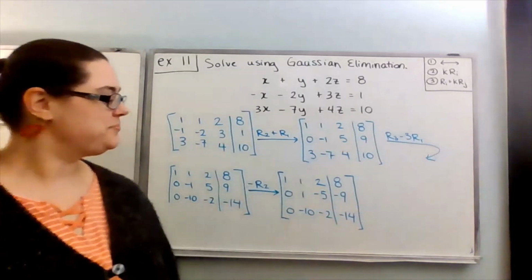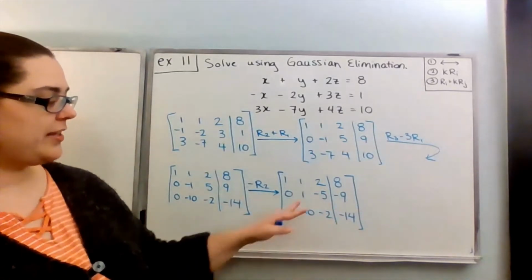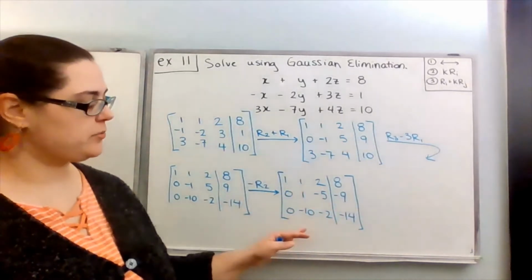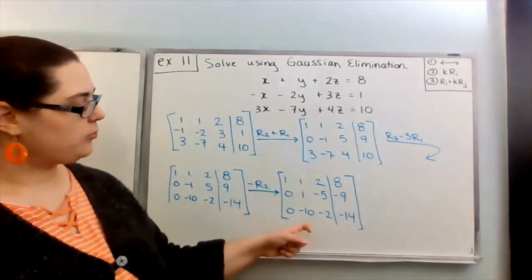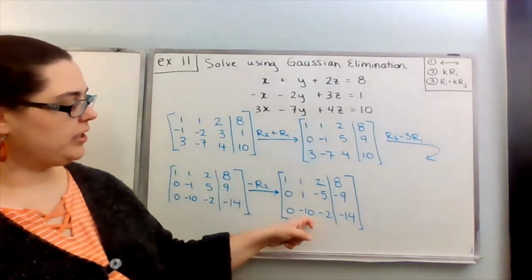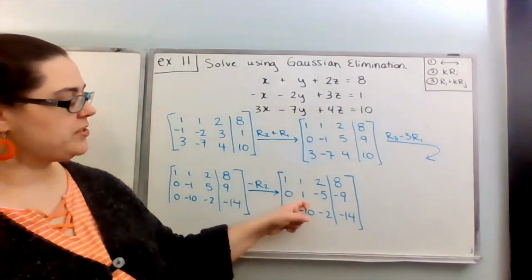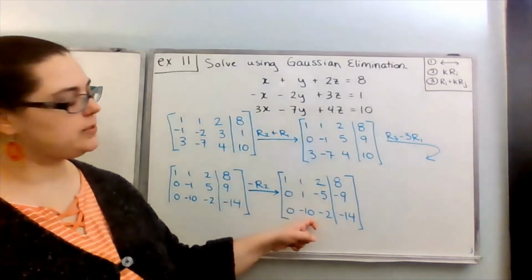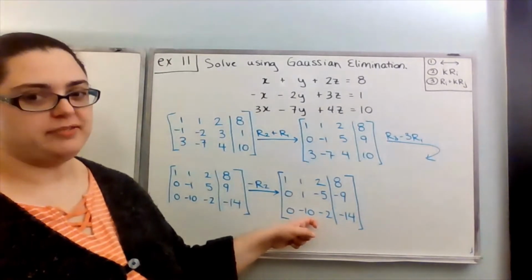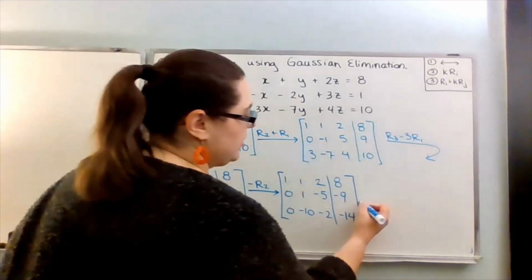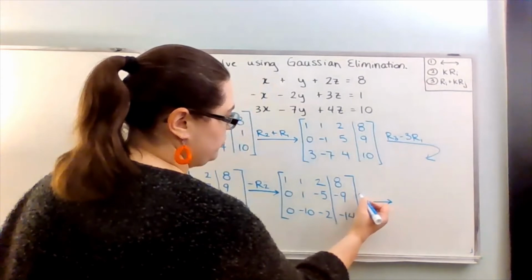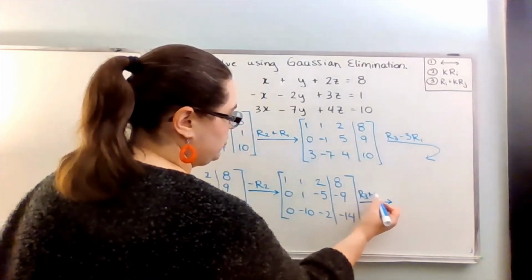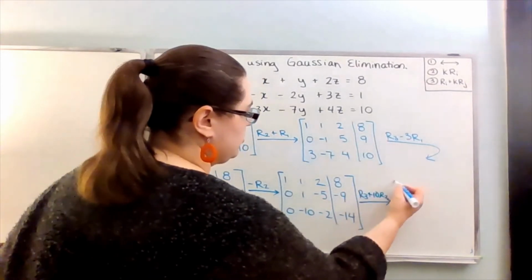Now what? Well, we need to get zeros underneath that leading entry as we did before. So I'm going to take row 3 and add 10 copies of row 2 to it. That's going to make sure that I get a 0 in this spot. All right, we're going to go ahead and do that. Row 3 plus 10 row 2.